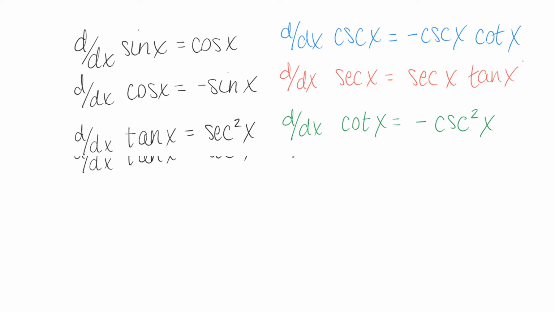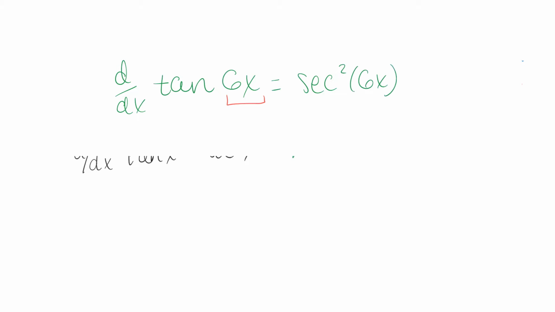Okay, let's start with tangent. What if we have the derivative of tan 6x? The derivative of tangent is secant squared x. Well, x in this case was 6x, so it's going to be secant squared 6x.